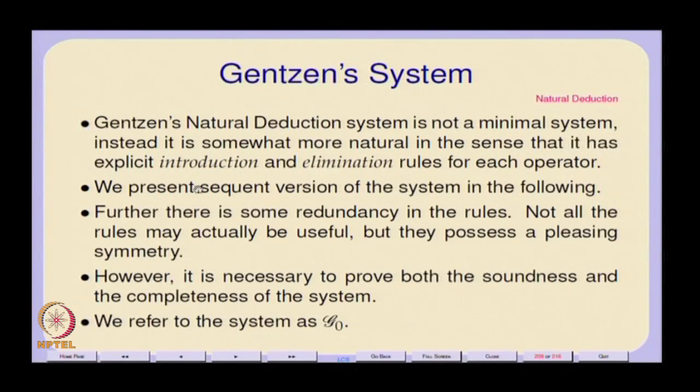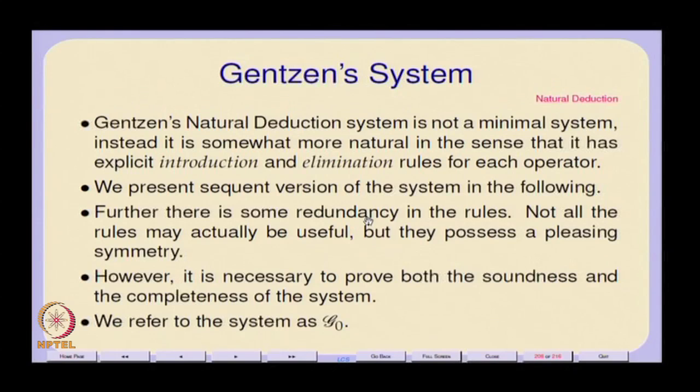Yeah. So, we will present a Sequent version of the system. It is not exactly what other people present, but I think it is a good adequate system. Further, there is some redundancy in the rules. Very often in logic, we are interested in preserving certain symmetries rather than checking for minimality. Once you have decided that minimality is not important, other aesthetic considerations are as important or more important, then there is some redundancy in rules.